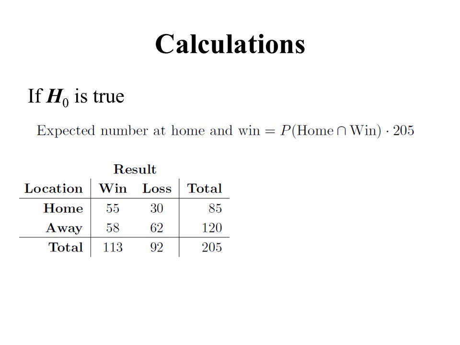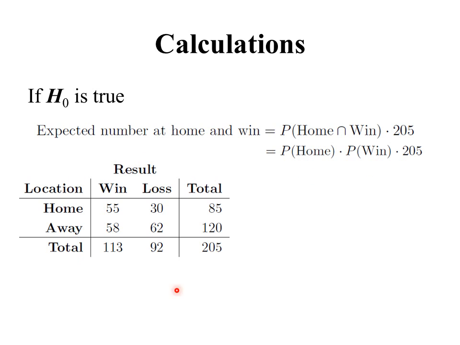Okay. Well, now if the null hypothesis were a true statement, then this event of playing at home and this event of winning would be independent. So based off ideas from chapter 1, if these events are independent, then the probability of home and win would be equal to the probability of home times the probability of winning.